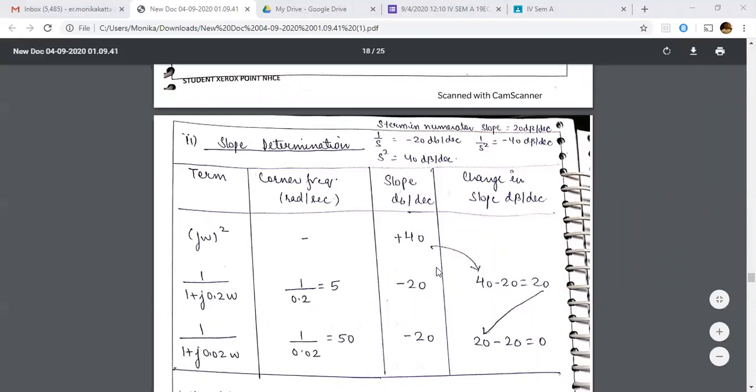Now this is important. Third column, you are going to write slope. Now you know the first term gives you 1 zero at origin. What is the slope for 1 zero at origin? Please respond everyone.